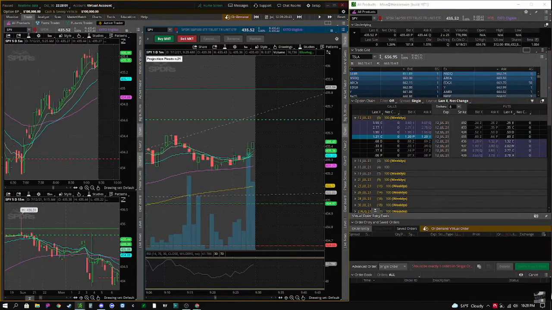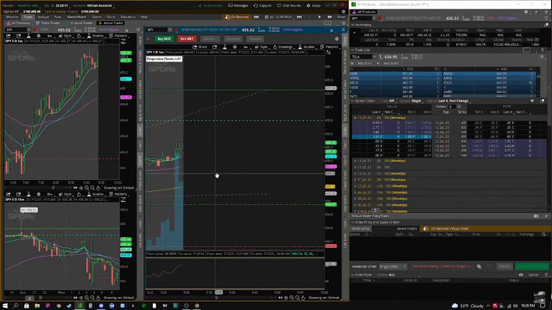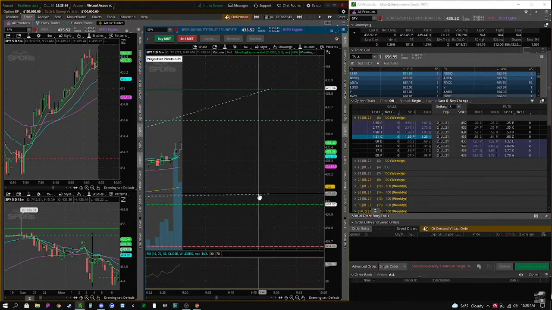And what we could do is, let's see. You see this price level here that the auto support is setting up. That's 435, it looks like. We put another price level right here. We'll go a little higher.